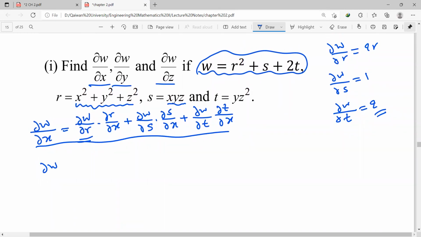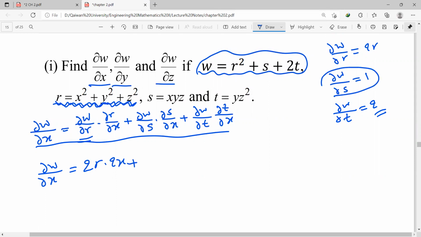We say partial w by partial x equals partial w by partial r, which is 2r, times partial r by partial x. What's the derivative of r with respect to x? I mean the derivative of this function with respect to x. It's 2x, plus partial w by partial s, which is 1, times partial s by partial x.